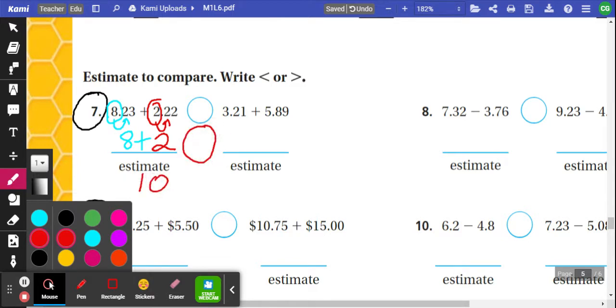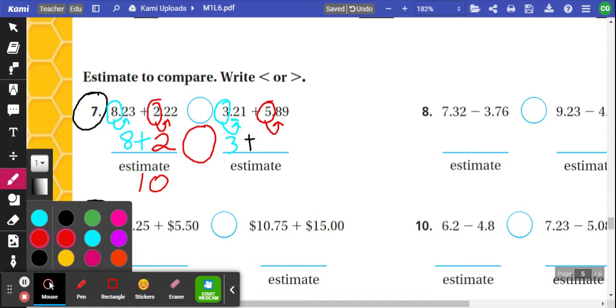Kind of draw my circle there. Over here for my 3, I'm going to circle this one. I'm going to move over. I can underline that one. It's less than 5 because it's a 2, so my 3 stays the same, plus, and then I have my 5 that I'm circling, rounding to the nearest whole number, and I see this is 8, so it is greater.